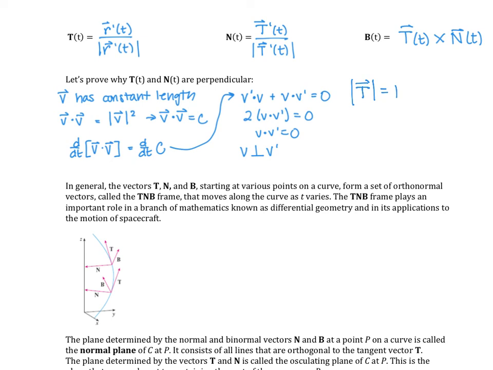So, following what we just did, t dot t prime is equal to 0, since we just proved that, which means that t has to be perpendicular to t prime. So therefore, t has to be perpendicular to n, because t prime over the magnitude of t prime, which just yields it as 1, is perpendicular to n.